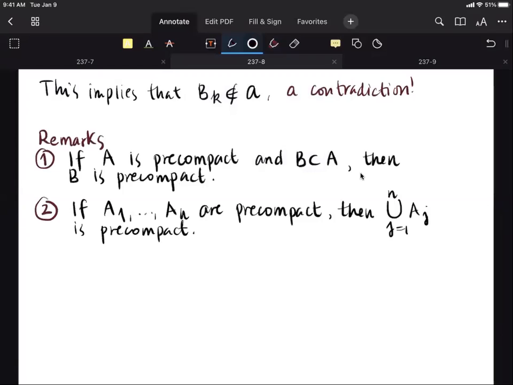So the basic idea here is that since each A sub j is pre-compact, you can cover that by finitely many balls given a positive radius. Then you just combine those open balls to have a covering for this finite union. So take note, since you have finite sets, the union of a collection of finitely many open balls is again finite.